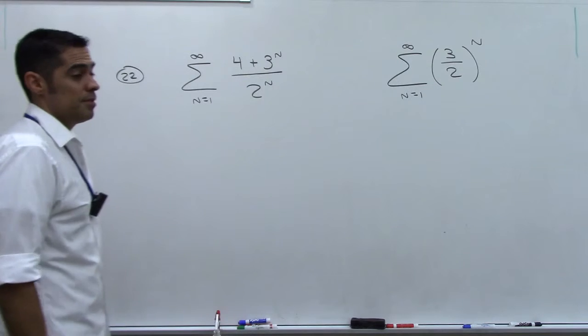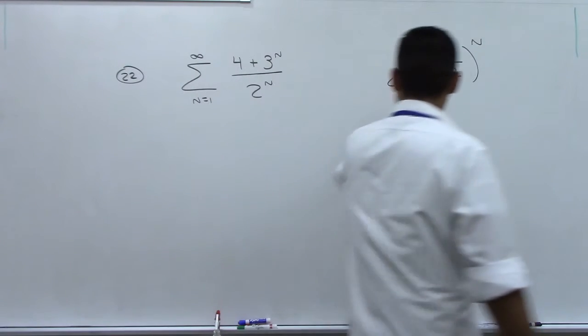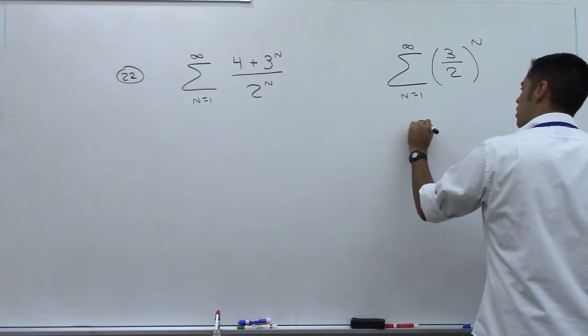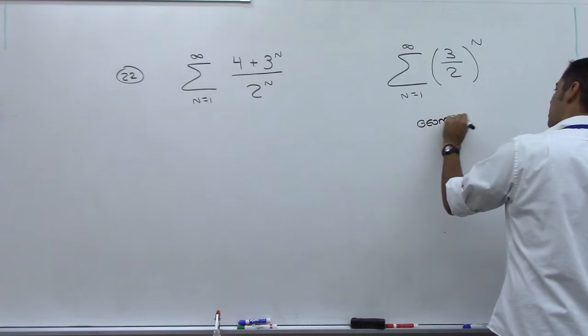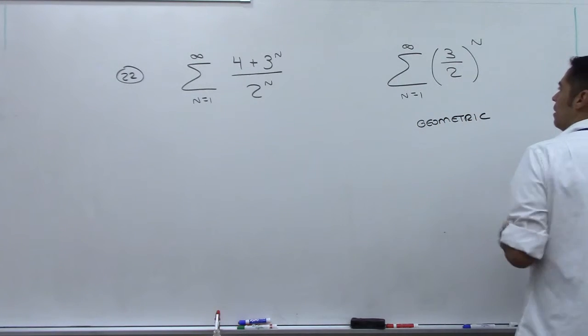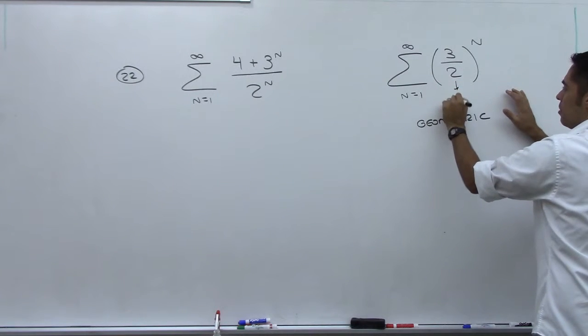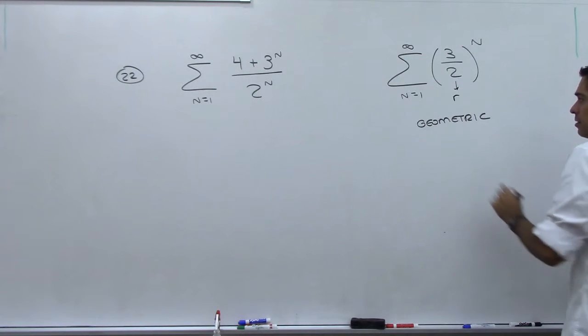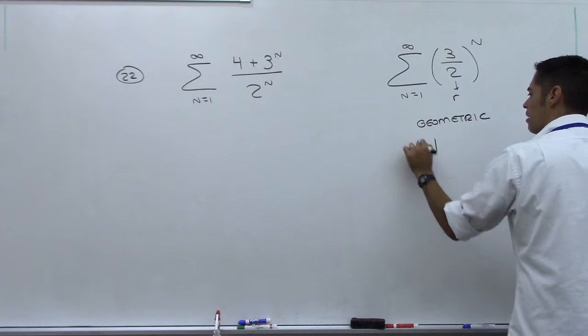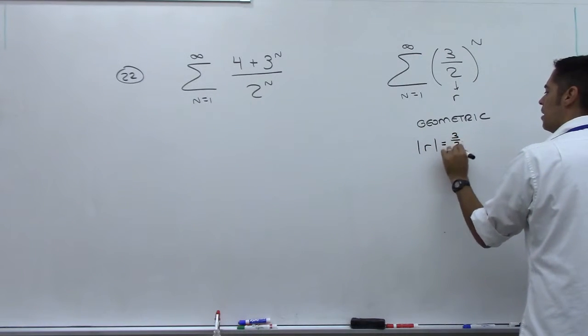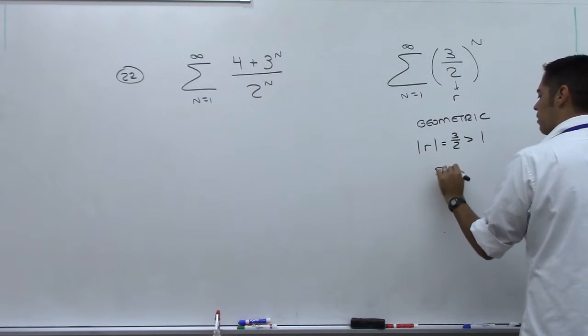This is a geometric series. I do not need to find out what its sum is, and I don't need to go through and tweak it. I just need to notice that this is my r, and the absolute value of r here is equal to 3/2. That's bigger than 1. This is going to diverge.